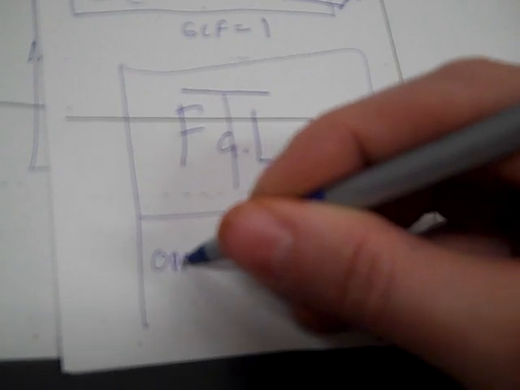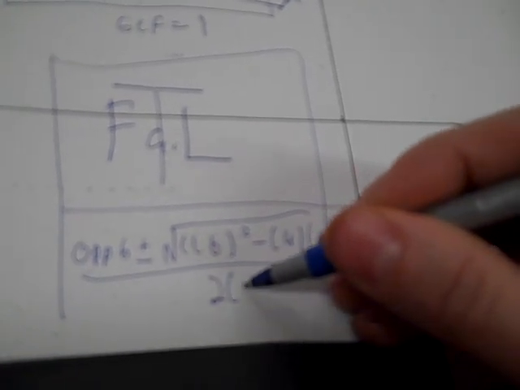The opposite of B, plus or minus the square root, double parentheses, B squared minus parentheses 4A and C over 2A. Now if you look on your table, I wrote that down. Okay, if it says fail, instead of doing the table, we're going to go with this.